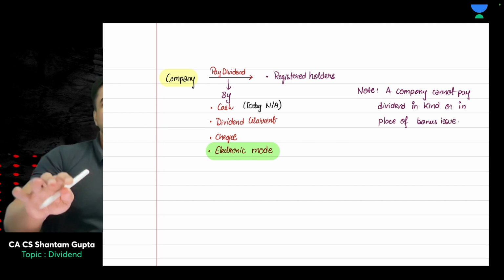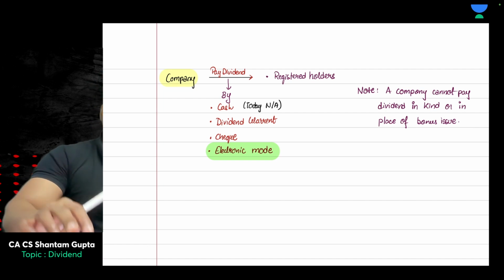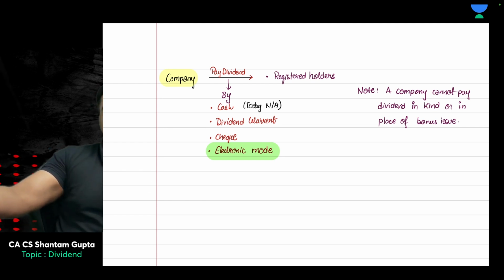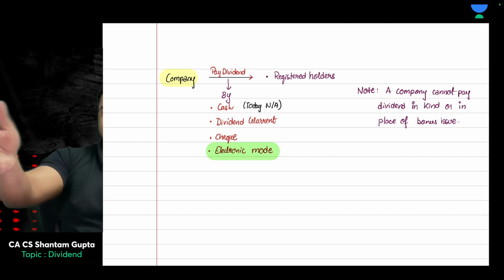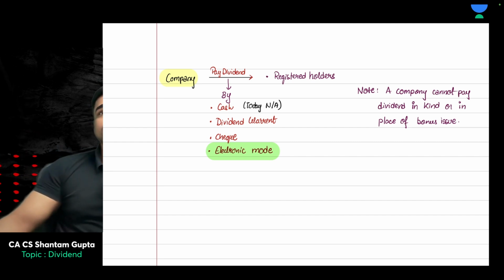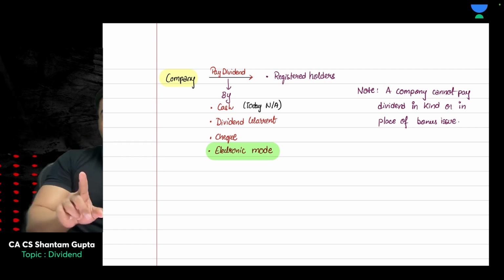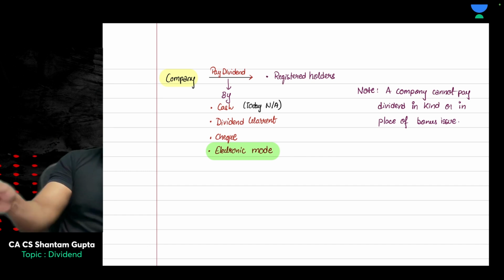Means you can, just don't say it. Both of them are coming from the same place only. Last day also I explained that the bucket is the same. They either give it as bonus or give it as dividend. They just don't say this word. You cannot say that I have given bonus in place of dividend or dividend in place of bonus. You can give both together or you can give one of them.